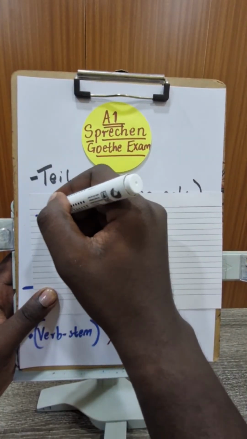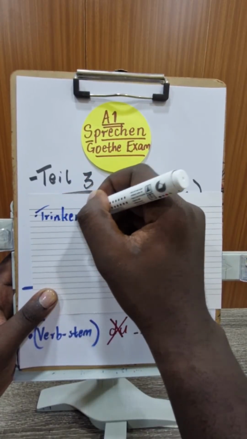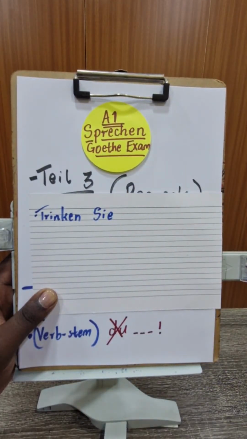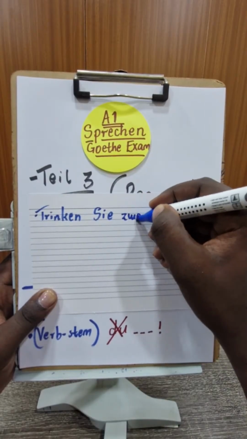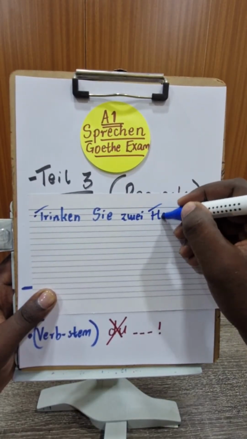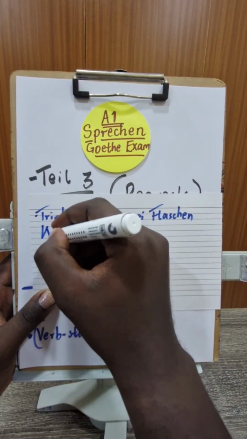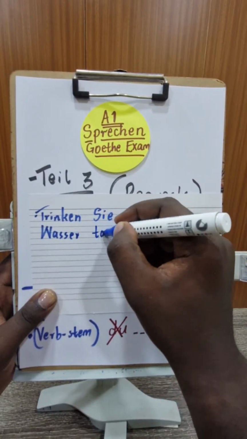Now you would say, trinken Sie, drink 2 bottles of water. Trinken Sie 2 Flaschen Wasser, right?